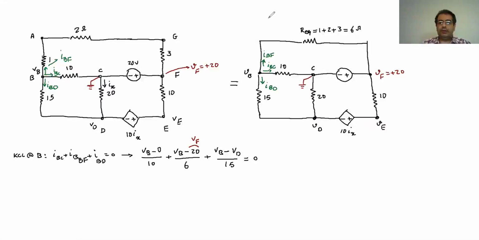So I have to go ahead and assume this is the super node here, because I cannot write anything for node D. I cannot write anything for node E because both of them are connected to this battery, and we don't know the resistance. So we have to get the super node.